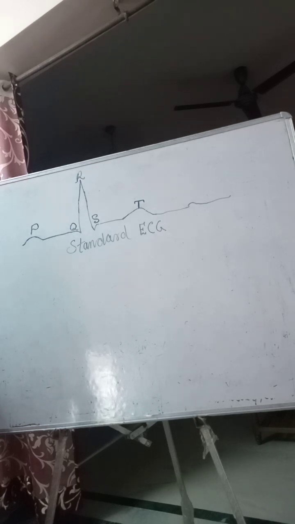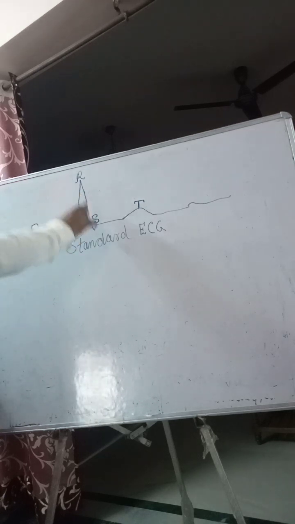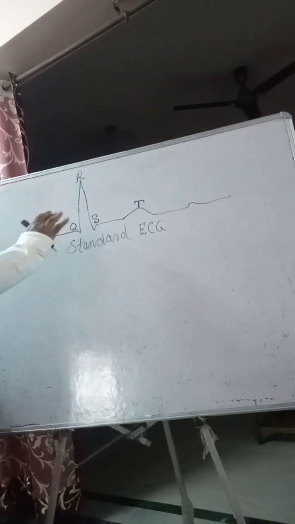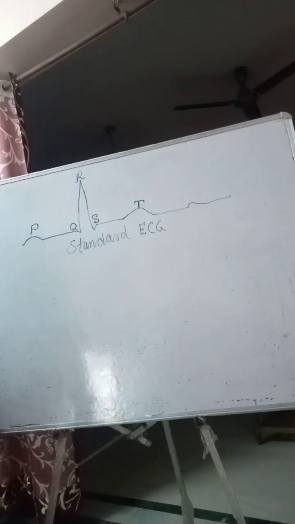And now, when the number of QRS complexes is noted, then naturally the heartbeat of a person can be determined in a given period of time.